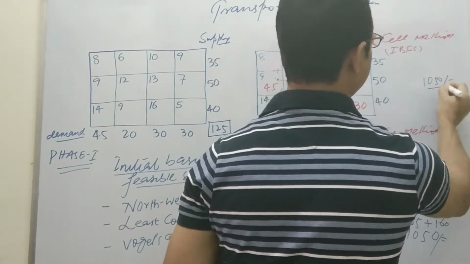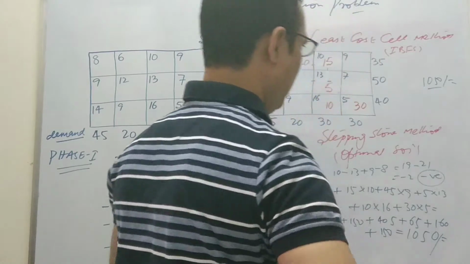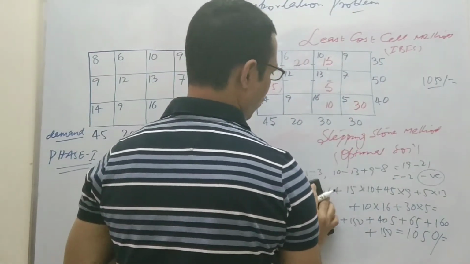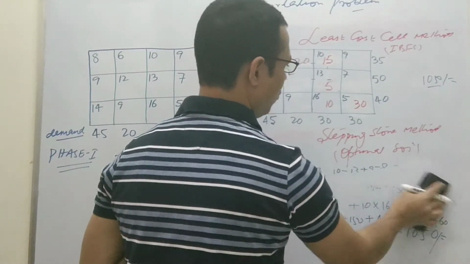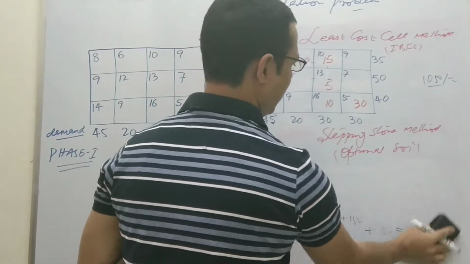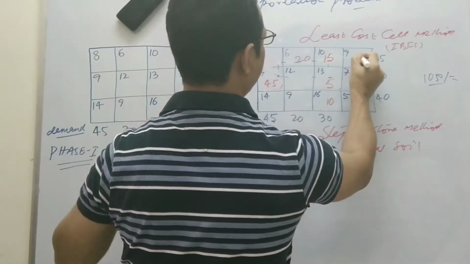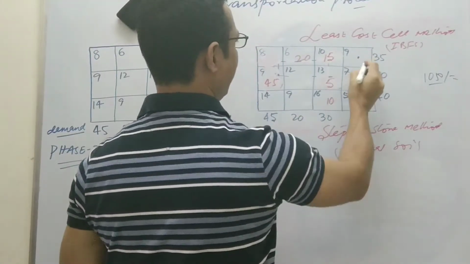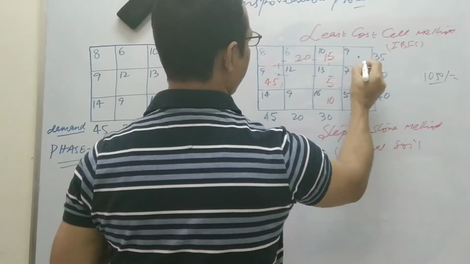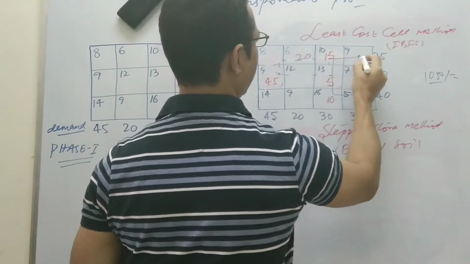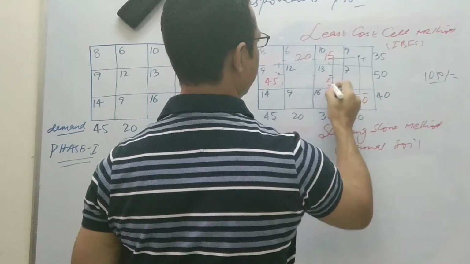So we'll check whether this result is going to reduce or not. If it is going to reduce, it means this is not the optimal solution, so we'll move further to check. 13 we have already checked, and this cell already has the allocated position. So now I'm going to put the cell here and we'll check. Here we need to move like before through all the allocated cells: plus minus plus minus.